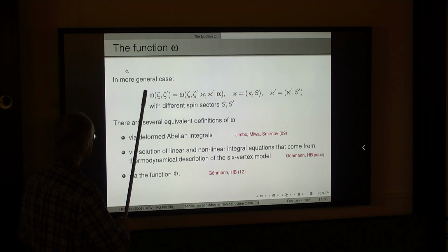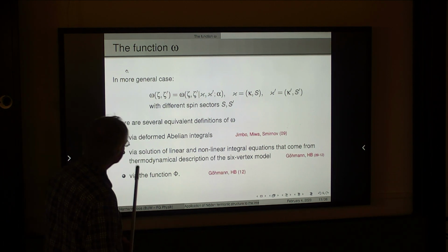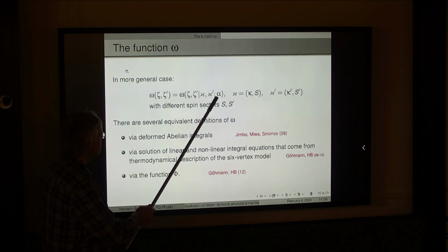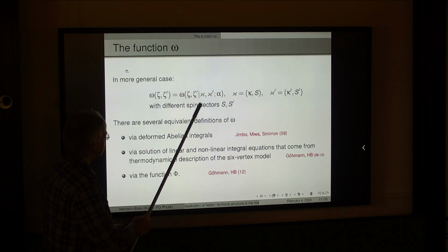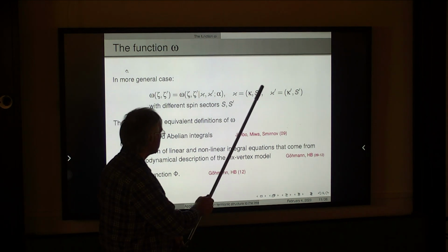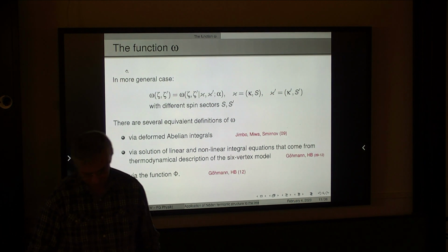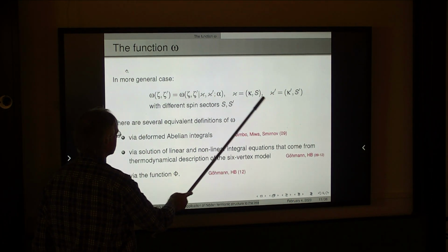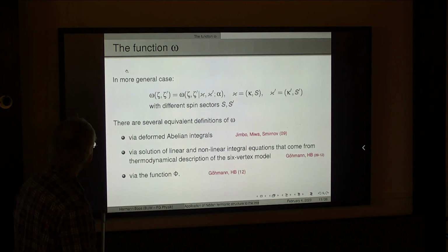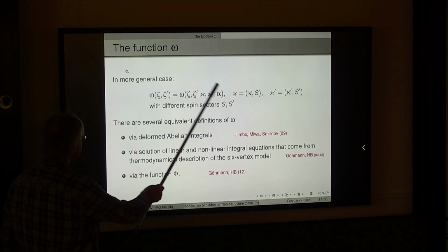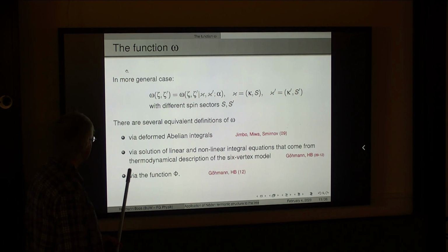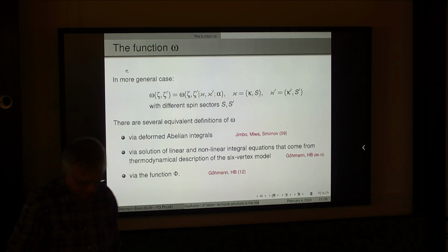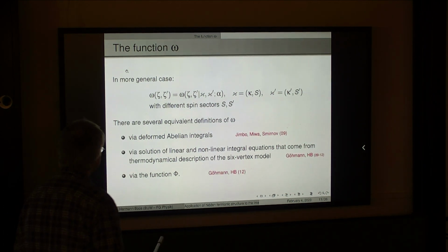And we define this omega in more general case, as Fedya said already, when we have two parameters actually, kappa and kappa prime, and we also can introduce different spin sectors corresponding to kappa and kappa prime, S and S prime, and define such objects. There are several equivalent definitions of omega, actually, again, in some particular cases.